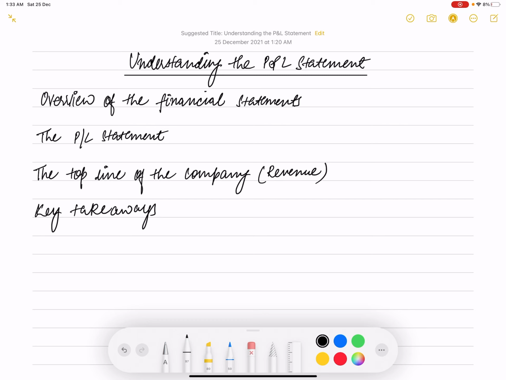Other operating income includes revenue incidental to the business. The other income includes revenue from non-operating sources. The sum of revenue from operations net of duty, other operating income, and other income gives the net revenue from operations.